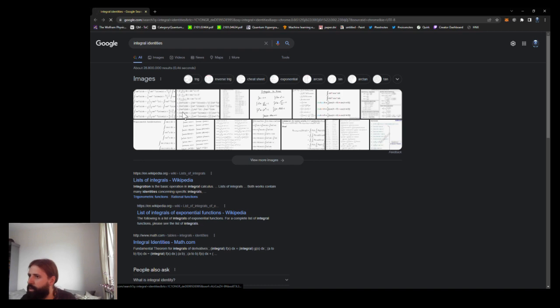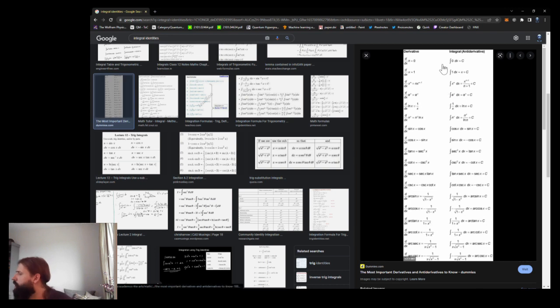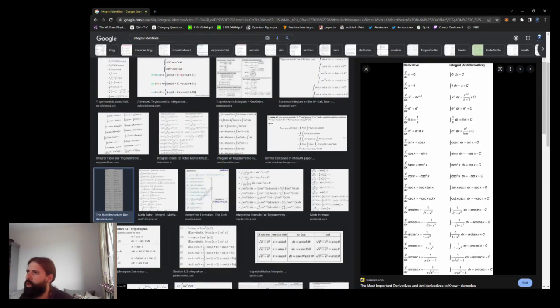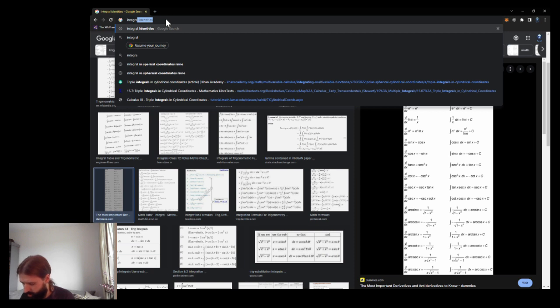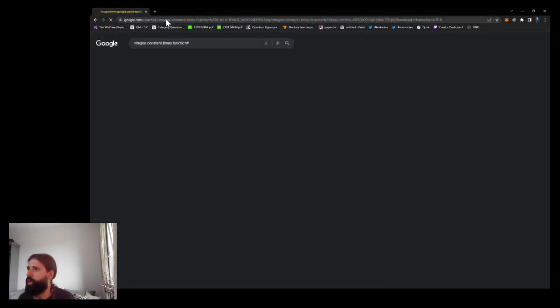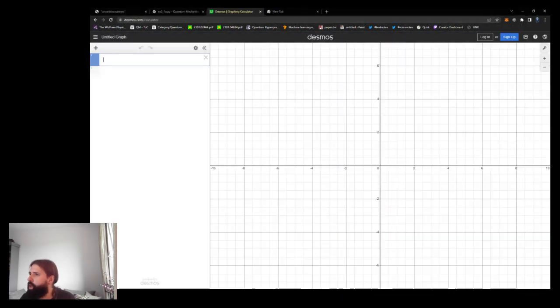Integral identities. The integral of a constant times a function is the constant times the integral of the function. So I'm happy with this.